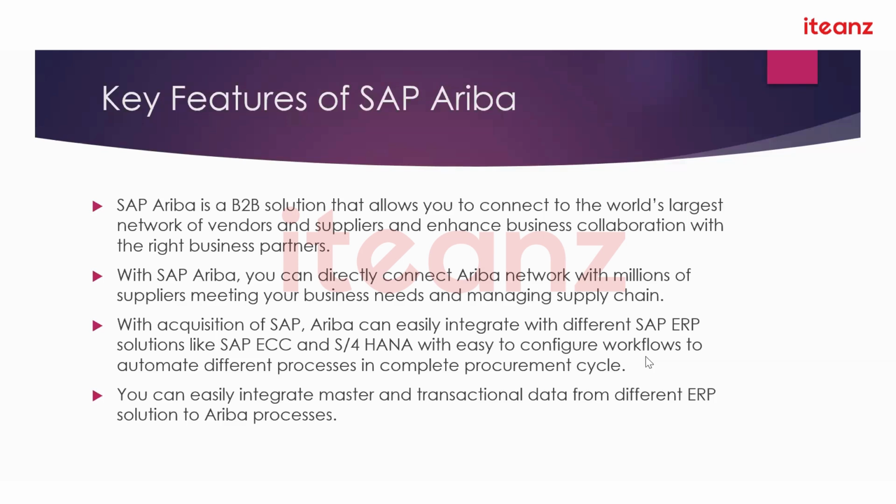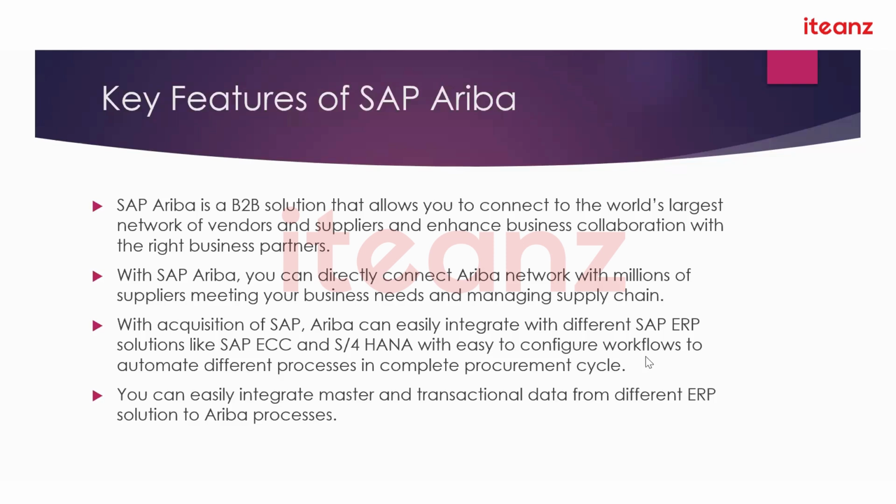These are the key features of SAP Ariba, where by using Ariba Network, you can directly connect with millions of suppliers. If you log into the Ariba Network, there we can see multiple suppliers with whom you can start the business and manage the supply chain. There is also an ERP system which is helpful to connect the master data, and we can configure the workflows and different processes to complete the procurement cycle.